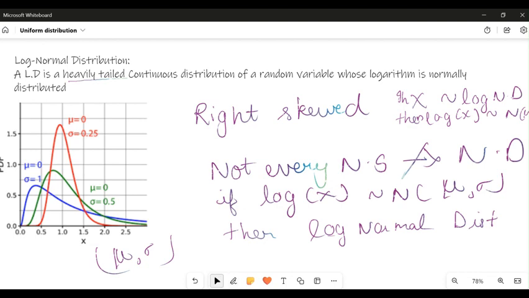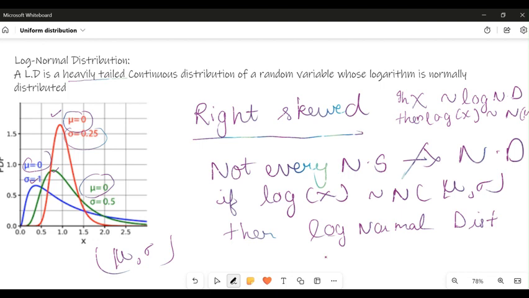In the three plots you have seen, mu is equal to 0, that is, the mean is equal to 0, but the standard deviation is different. The standard deviation is slightly deviated on the positive side and negative side. So if you look, it's right skewed data, right?